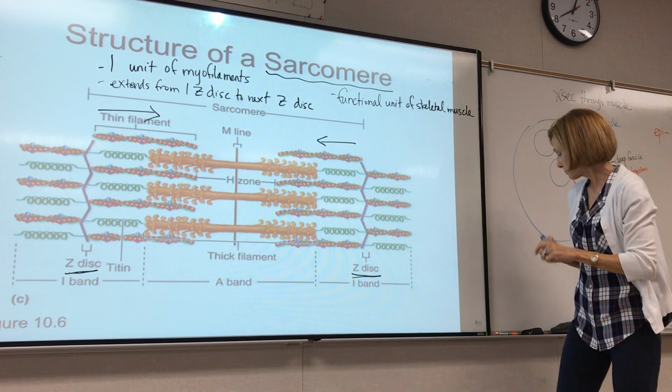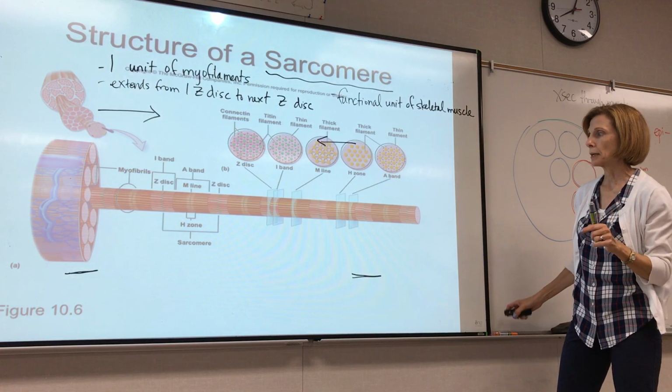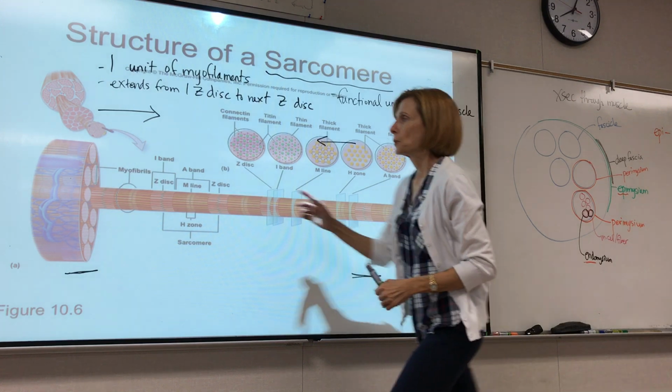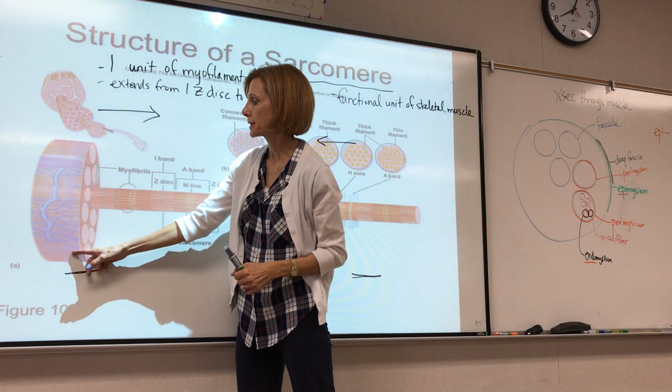If you look at this picture, let's go back to this diagram just for a second here. This is a myofibril, okay? The whole thing here is a muscle fiber, one muscle fiber or cell.